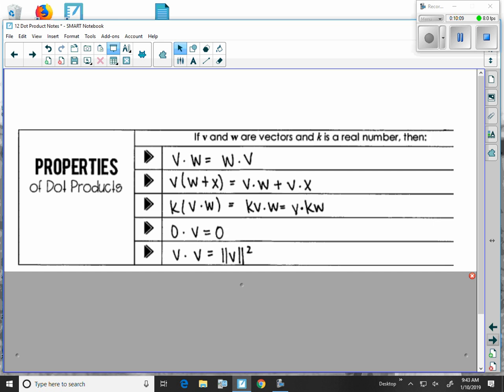If you multiply a vector by 0, you get 0. If you do the dot product of 0 and your vector, you get 0. And then here, if you take the dot product of a vector with itself, you actually get the magnitude squared, which is kind of crazy. And we're going to talk about that starting tomorrow.